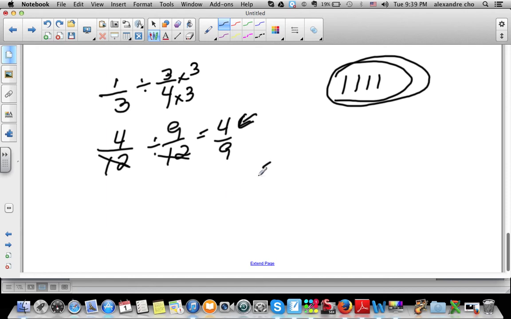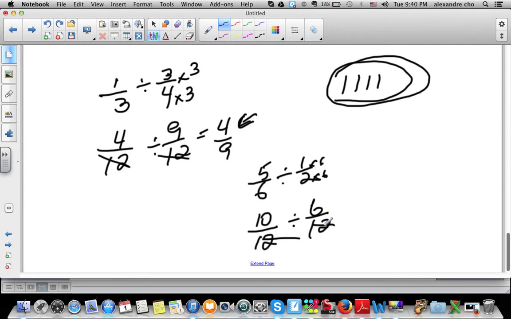Let's try another one. 5/6 divided by 1/2. Okay, LCM is necessary, which is 12, so 6 times 2, and on top is 10, and this is 2 times 6, which makes the top times 6. Okay, you can cross this out.